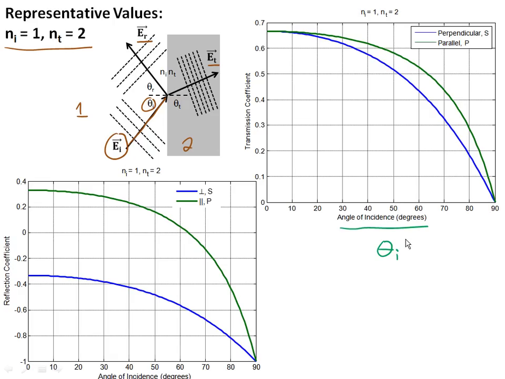And let's first look at the electric field that's reflected. So if the electric field is p polarized, so our electric field vector points in that direction right there, then the green line essentially represents the strength of the electric field that's reflected. So you can see if you come in at normal incidence in a material whose indices of refraction are given by 1 on the incident wave and 2 on the transmitted side, about 0.35 of the electric field, or 35%, is going to be reflected if the incidence angle is 0, or the beam's coming in straight on.